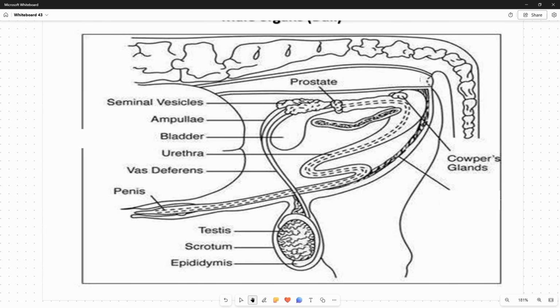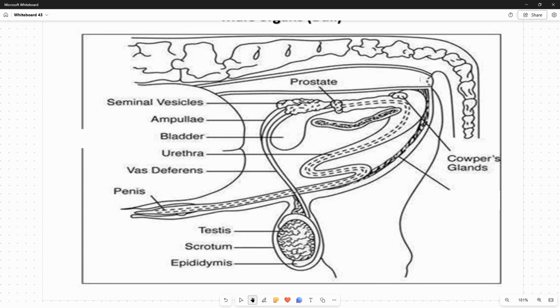So the one of a male, we know the primary organs is the testes, which is normally a pair of testes where the male gametes, the sperm cells, are produced. And then those testes are normally housed inside a bag-like structure called the scrotum, which protects the testes and regulates the temperature of the testes.